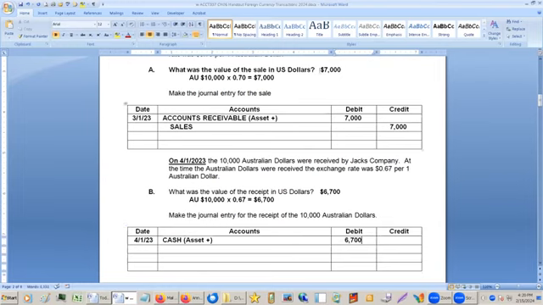Now we've got to take this accounts receivable off the books because they no longer owe us, they just paid us. So there's an asset going down, we're giving up that asset.